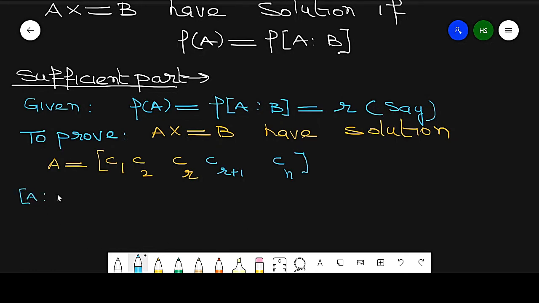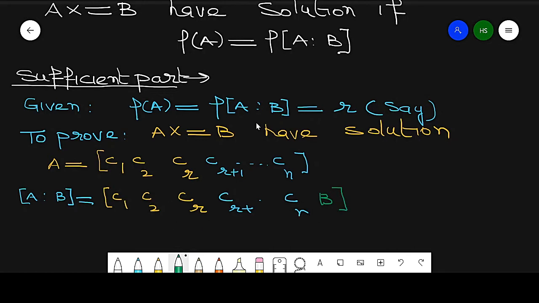Second is the augmented matrix, which is again written as C1, C2, up to CR, and then CR plus 1, so on up to Cn, and one column is also added, that is the B vector, that is the B matrix. So this is the augmented matrix.